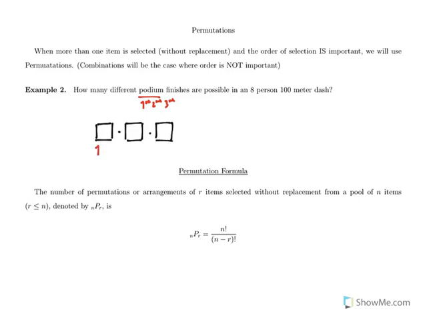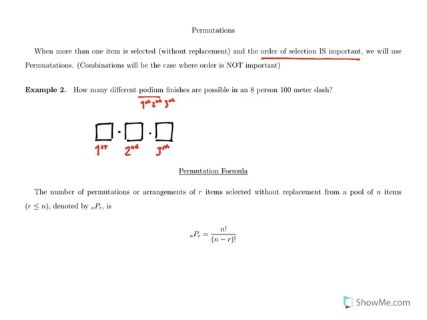We're choosing a first place finisher, a second place finisher, and a third place finisher. Note that here, the order of selection is important. It is important that the first person is first, second is second, third is third. If you change the order, it would be a different podium finish.